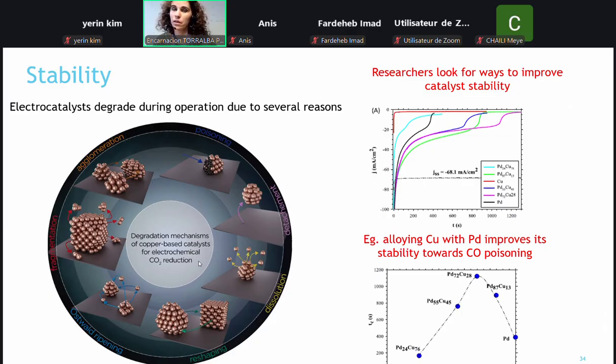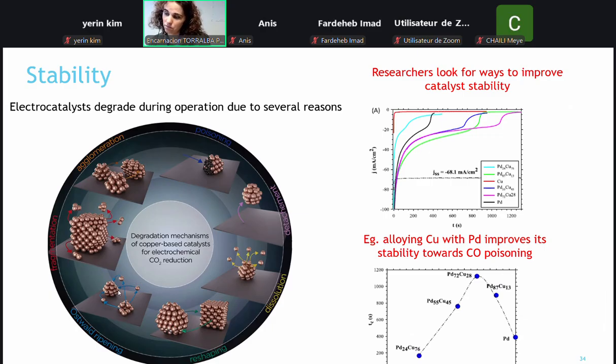Because there can be impurities from the reaction, or one of the products can get attached to the surface and does not leave. So then your catalyst is poisoned. Your catalyst can also get detached from the surface. Your catalyst can disintegrate. Your catalyst can reshape, and sometimes this can be good for the selectivity.